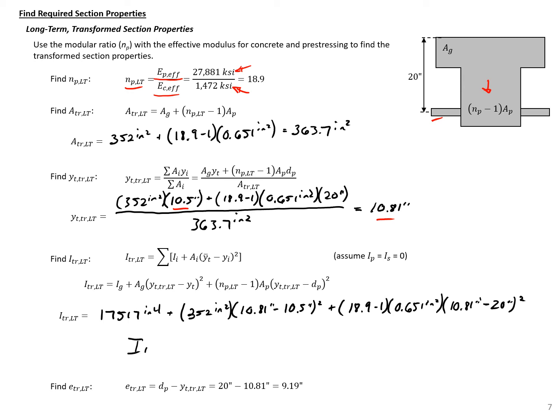So this will give us an I transformed long term equal to 18,537 inches to the fourth. We can find our strand eccentricity the same way as before, taking our D minus our Y top transformed, and we'll get an eccentricity shown there, 9.19. So these are our long-term transform section properties.